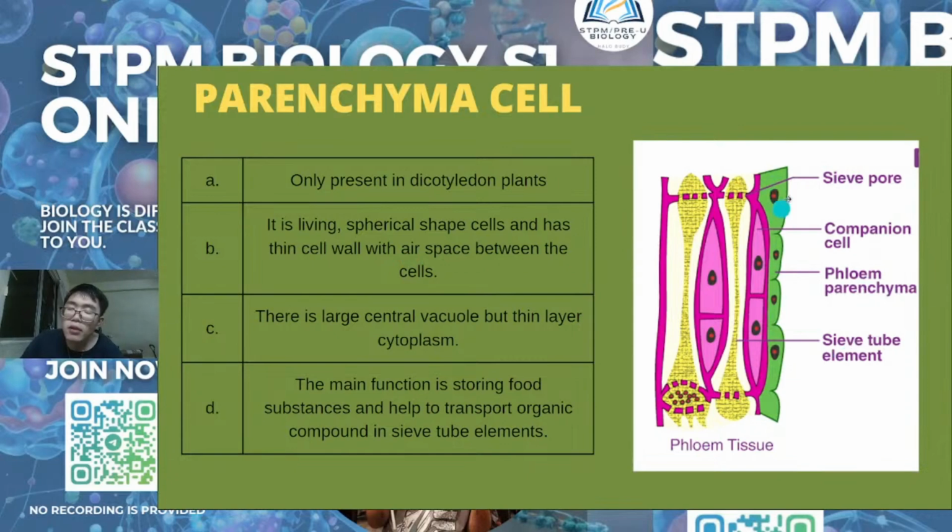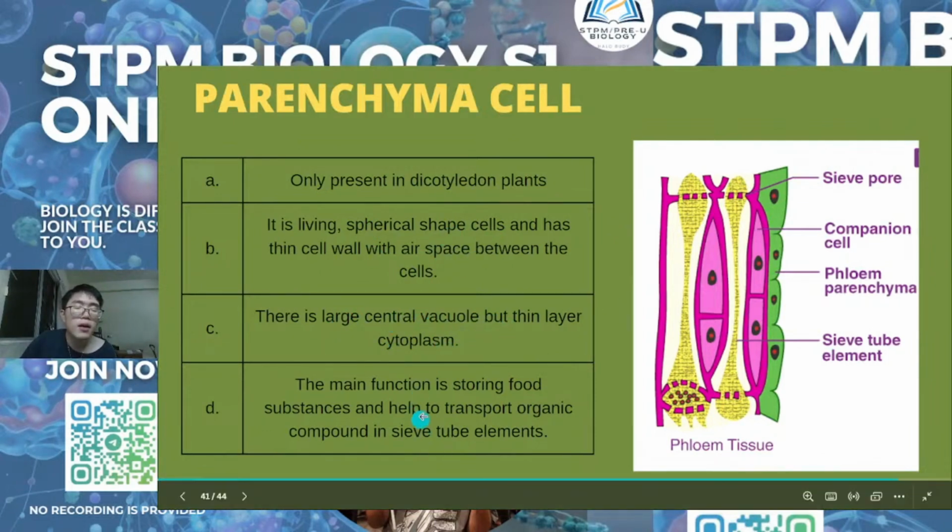So parenchyma cells are normally located at the outer part. Companion cells will be tightly located at the side of the sieve tube, but parenchyma cells are in the outer part of the phloem from the sieve tube. Normally it is only present in dicotyledon plants, and it is also a living cell, with a spherical shape. It is the same as the structure of the parenchyma cell, and it has a large central vacuole.